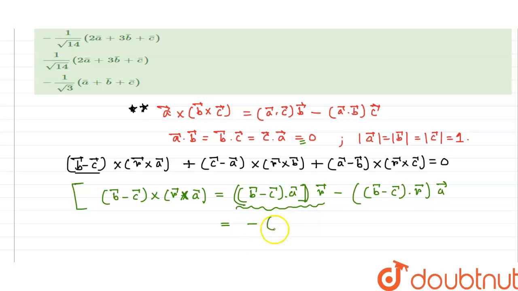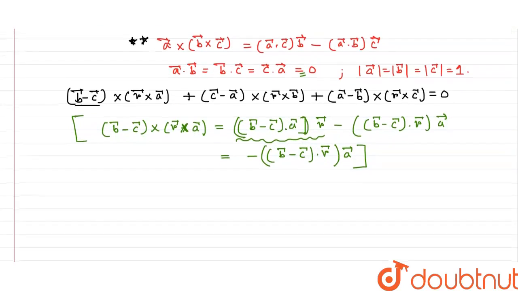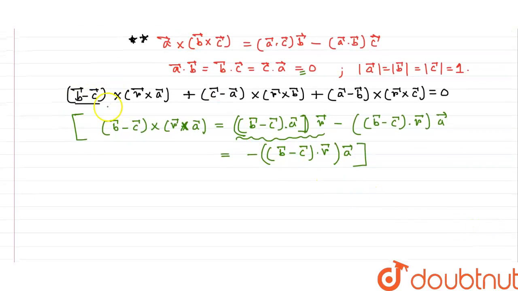So what is the rest of the part? That is minus (B vector minus C vector dot R vector) times A vector. All these cases follow the same thing.